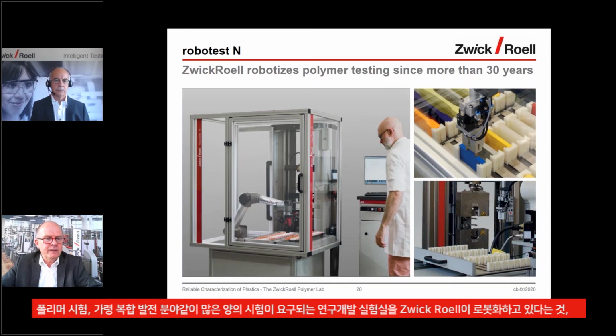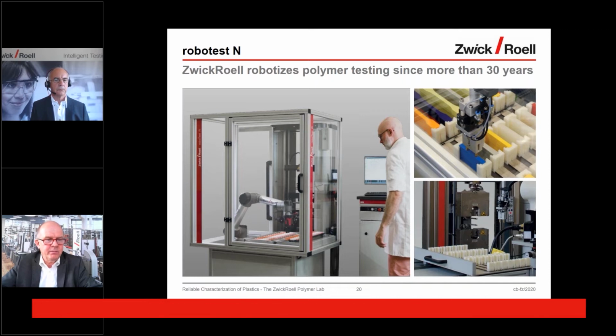Did you know that in polymer testing we have robotized many R&D labs where large numbers of tests are required in the field of, for example, compound development? So it is not only production testing which demands such systems.